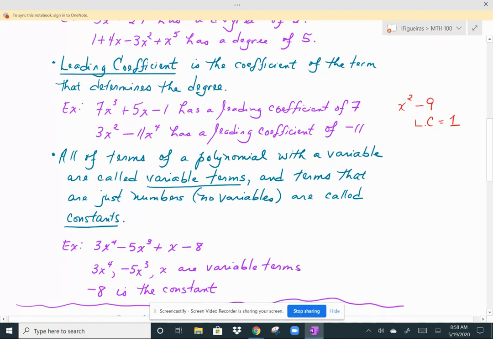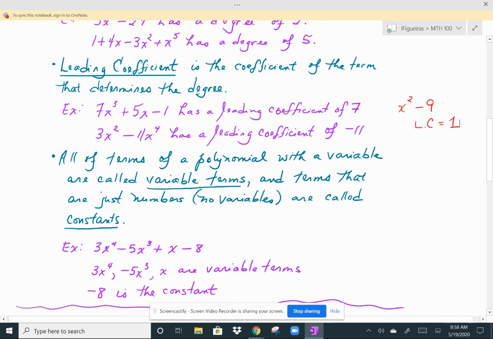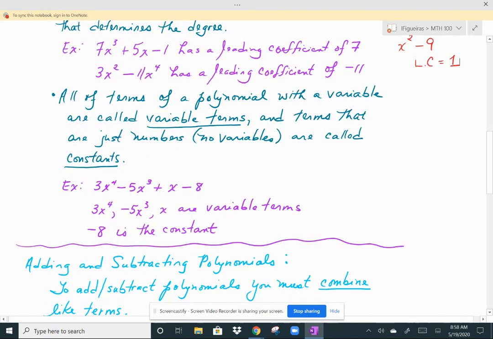All terms of a polynomial with a variable in it are called variable terms. And the terms that are just numbers, in other words, have no variables, are called constants. So in this example, 3x to the fourth minus 5x cubed plus x minus 8, the first three terms, 3x to the fourth, negative 5x cubed, and x are all variable terms, and the constant is the number negative 8.